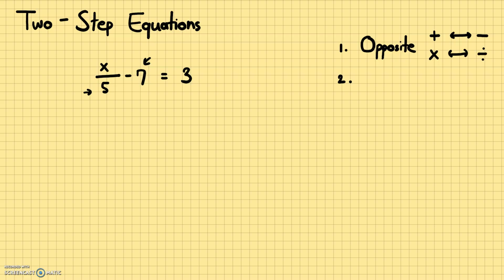Or you can think of these as opposites when solving equations. So if something is being subtracted to the variable, then add to both sides. If something is being multiplied to the variable, then divide from both sides. And that leads to our second rule, which was do the same thing to both sides.